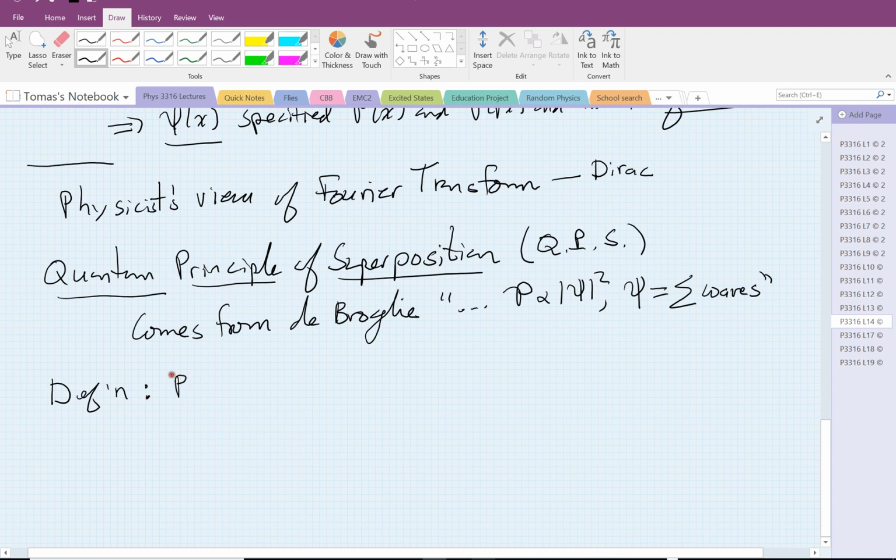It is the physical sense, something that has to do with the universe, not necessarily just a mathematical statement.